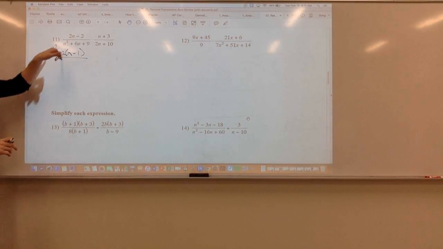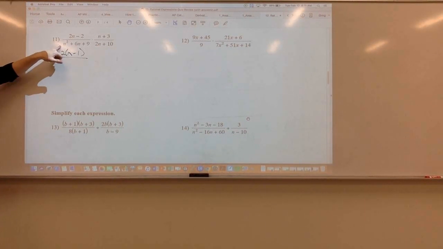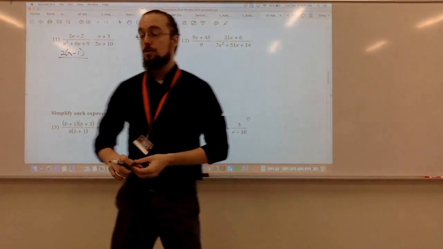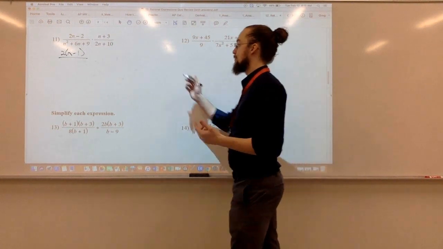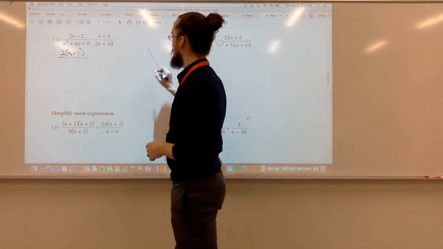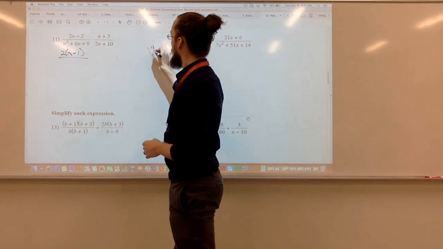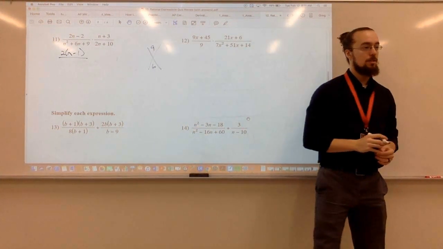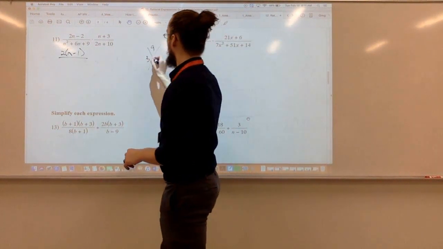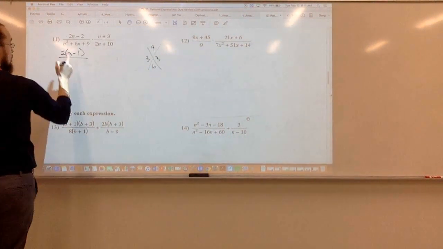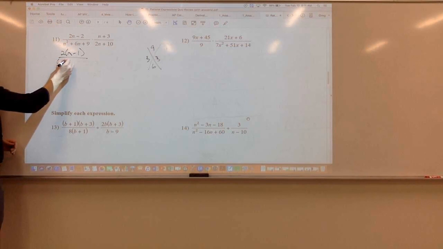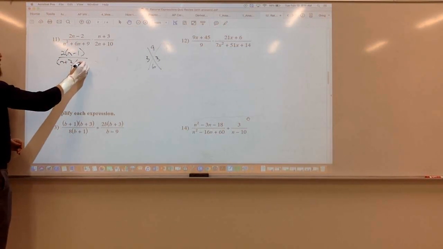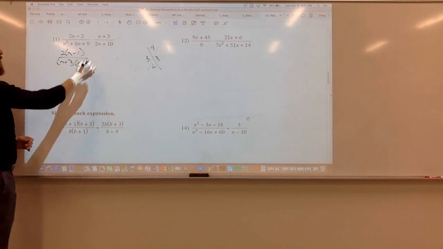There isn't anything in front of the n squared that's divisible by 3, so it's a good thought, but in this case, we cannot. We just have to X factor. So I want two numbers that multiply to 9 that add to 6. 3 and 3. In this case, my leading coefficient is 1, so I can go straight to factors. So my factors are just n plus 3 and n plus 3.